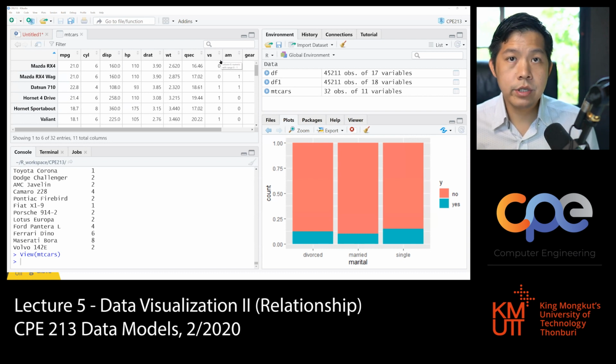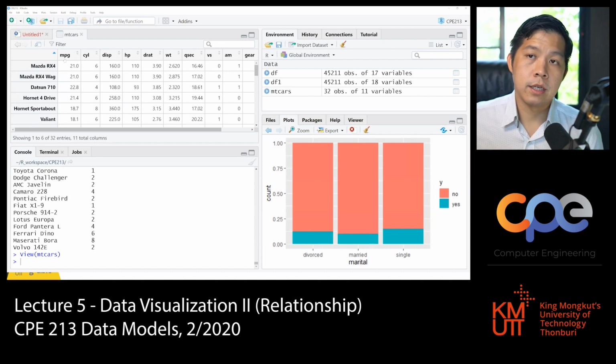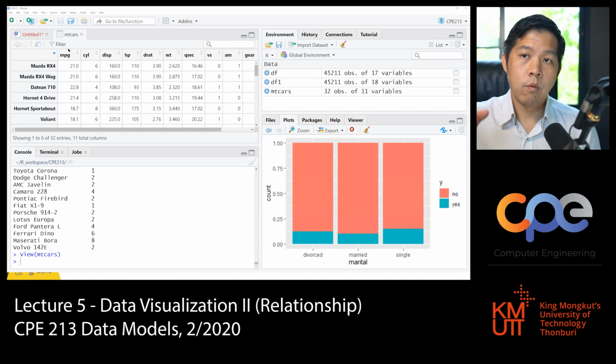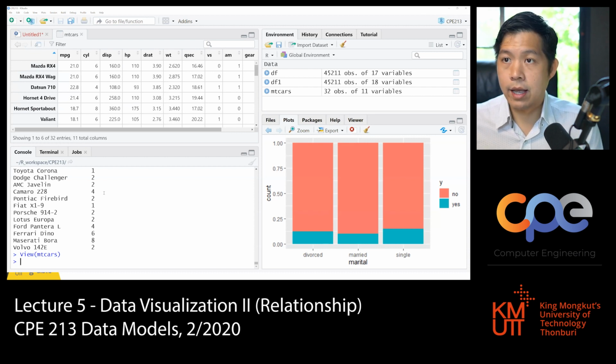I'm going to do it column-wise, because what if I'm going to predict the MPG given the spec? I want to know before test driving or testing it whether this car would have high energy efficiency or low energy efficiency. So how do we do that?